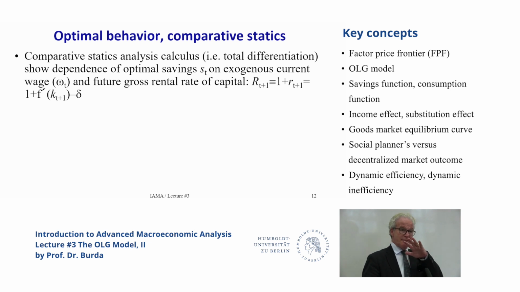We can differentiate that first order condition totally, and we can solve for ds dw and ds dr. Those are the responses of savings to a change in the wage and a change in the interest rate. It's called comparative statics. It's a local property because this function can be kind of unusual looking, but around the point of linearization, we can describe using calculus the way it behaves.